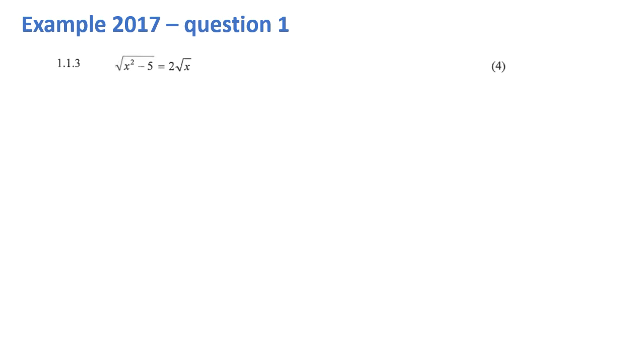So if I'm sticking to this left-hand side, this x squared minus 5 to the square root equals x squared minus 5 to the power of a half. Okay, so that root written differently is to the power of a half, or to the exponent of a half.